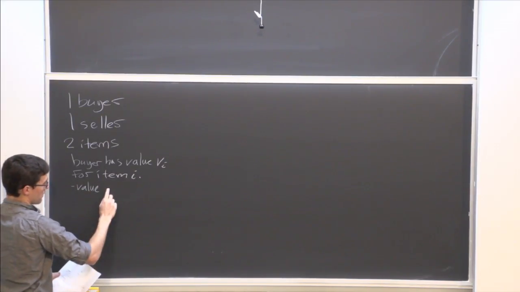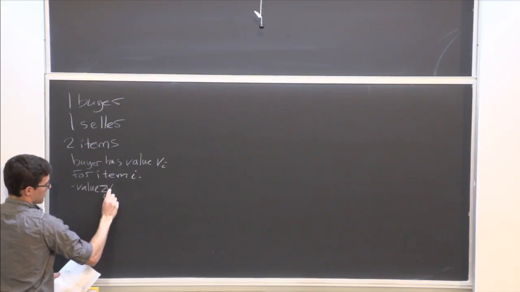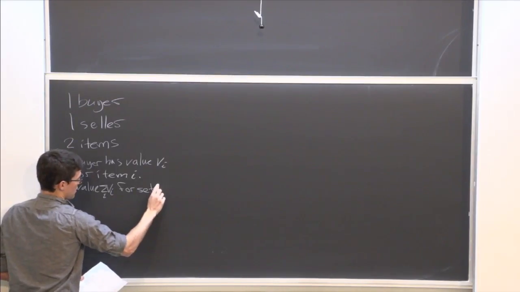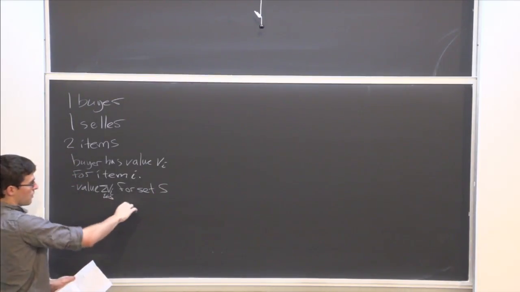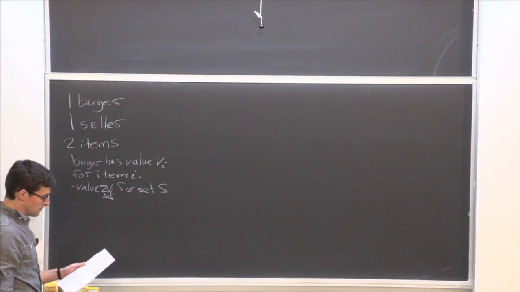I'll write this more generally than we need to for 2 items: the value for a set S is the sum over i in S of v_i. So their valuation is just additive, or a linear function, over the items.